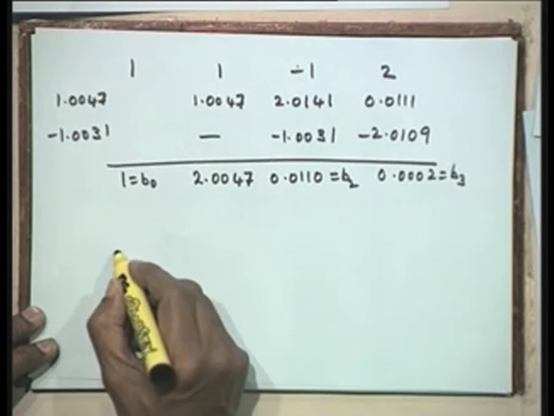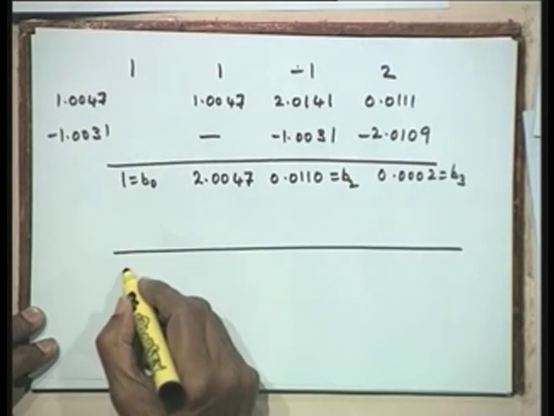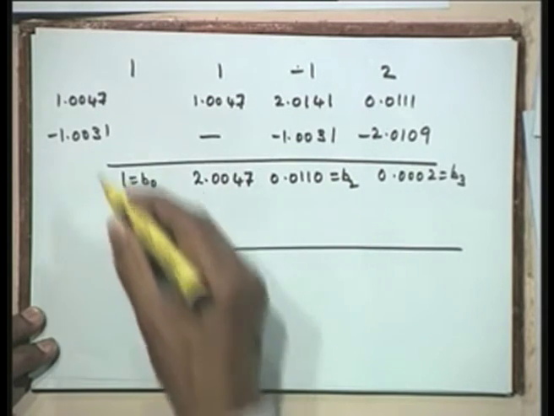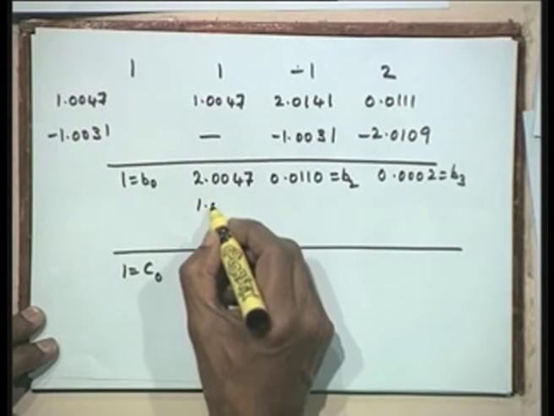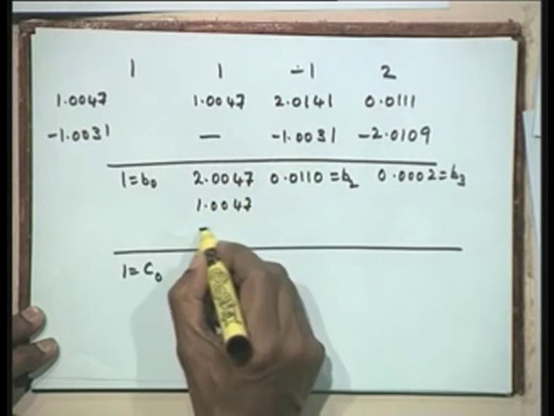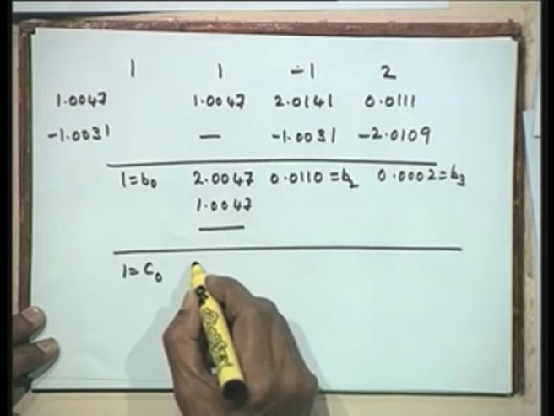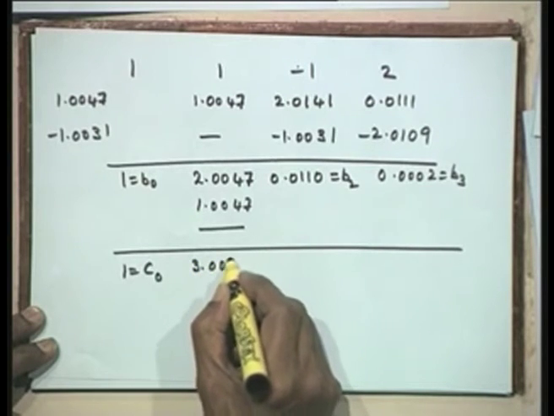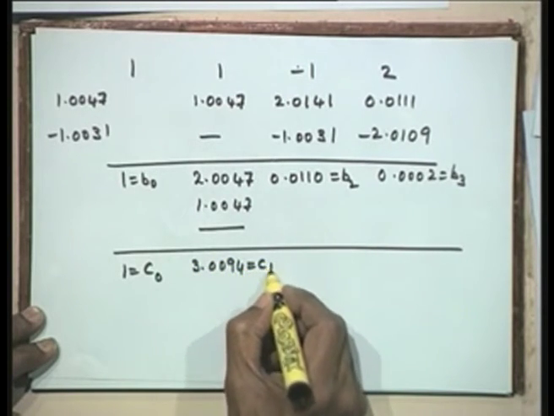Now I proceed to the next step. I will have 1 that is equal to C naught, 1 into this 1.0047, there is no quantity here, that is equal to 3.0094, that is equal to C1.